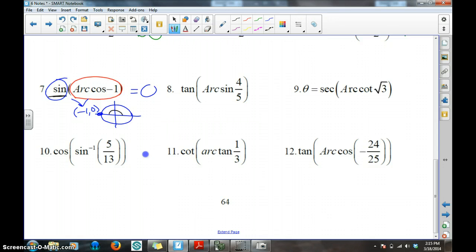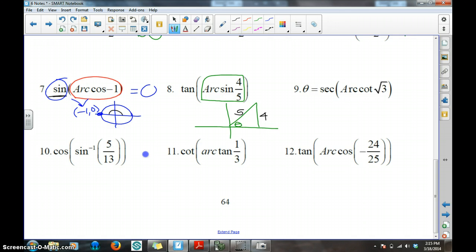Moving right along. In this one, I'm going to do this without a calculator, and I'm going to use my bow tie trig to do it. The angle whose sine is 4/5. Positive 4/5 means draw it in quadrant 1. Your angle would be right here. Its opposite side would be a 4. Its hypotenuse or radius would be a 5.